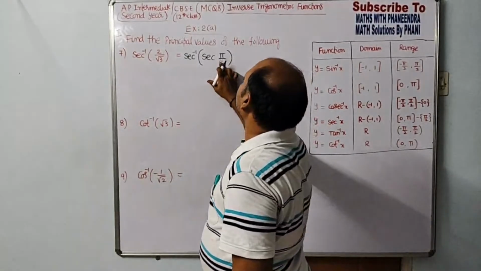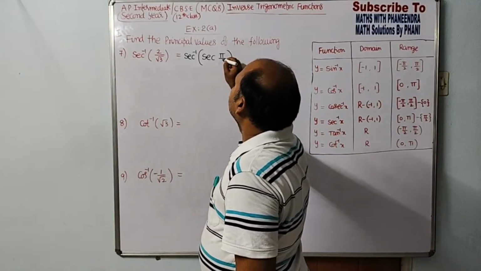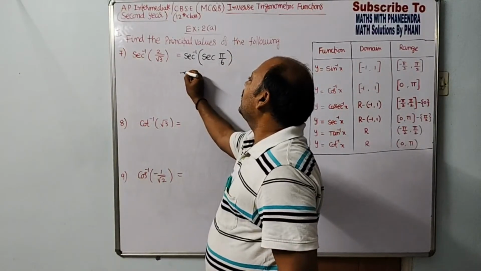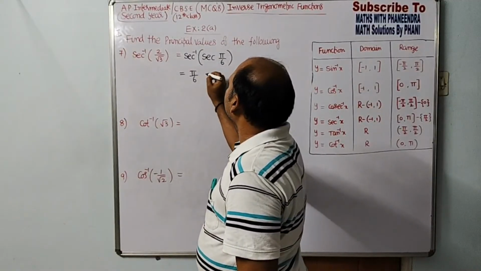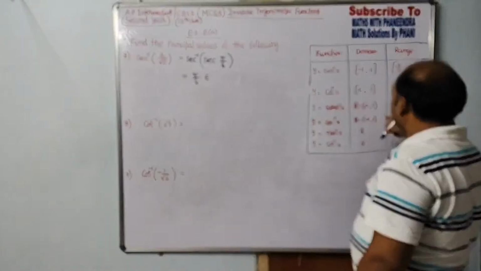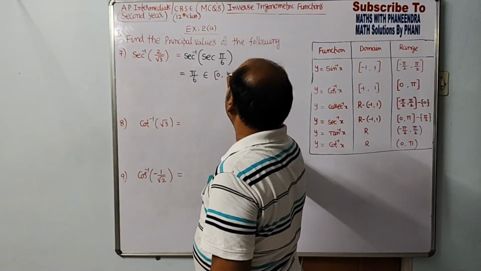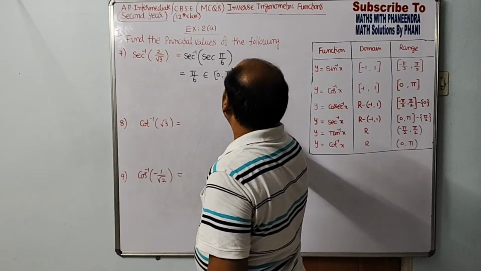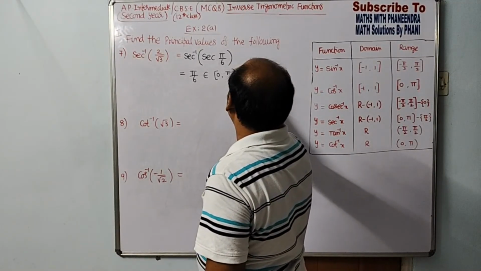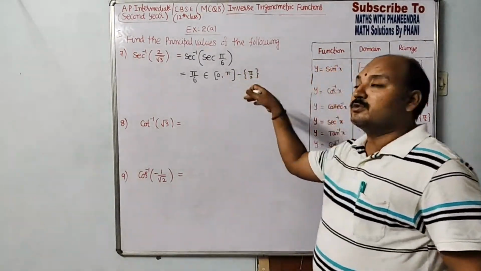Sorry, 30 degrees, yes. So secant inverse of secant theta is theta directly. So pi by 6, which belongs to the closed interval 0 to pi, except pi by 2.